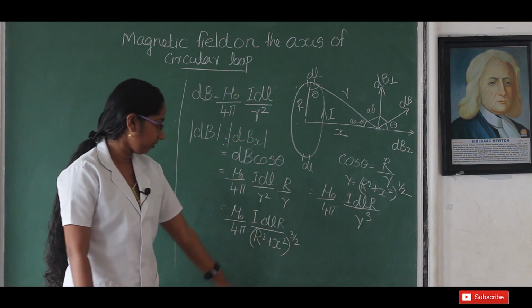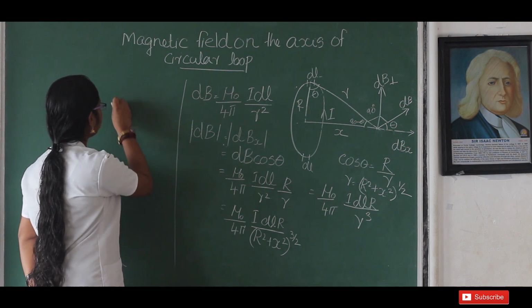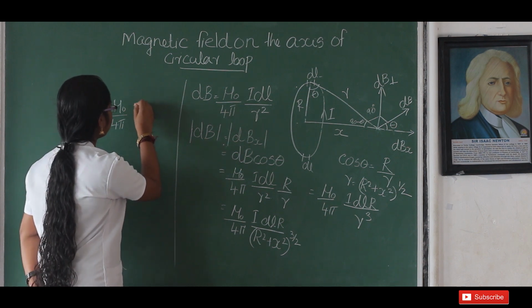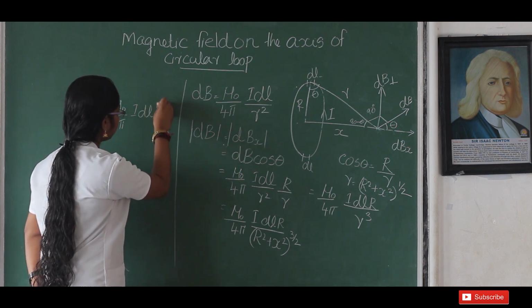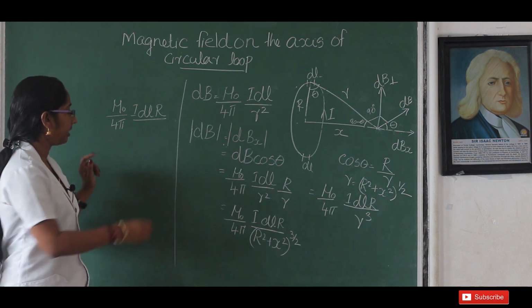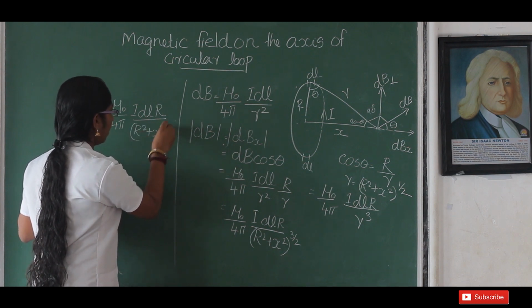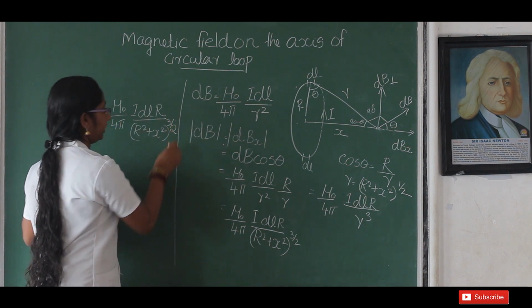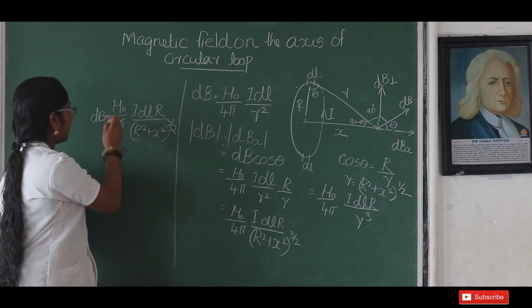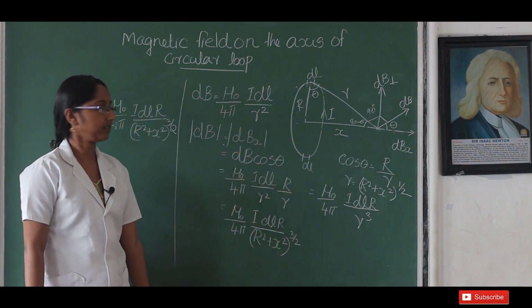And the next thing we want to do is, this mu 0 by 4 pi I dl r divided by r square plus x square all raised to 3 by 2 that we got is the magnetic field at any point on its axis.